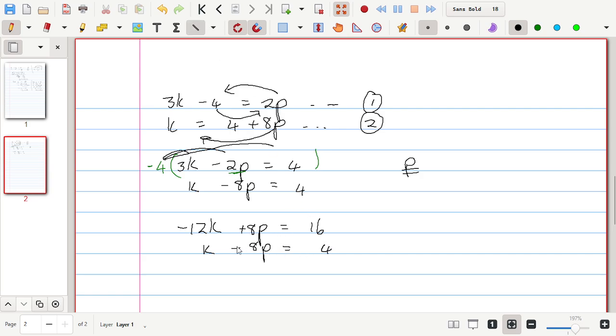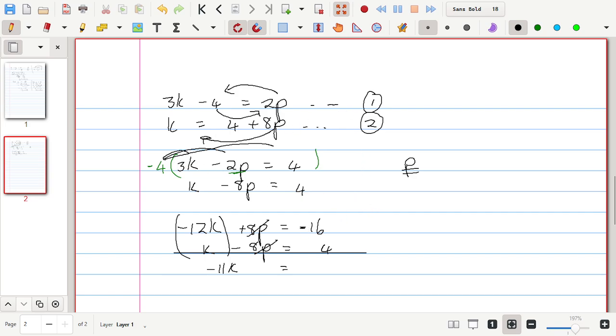When we have something like this, you will notice that the 8p's will cancel out. So positive 8p minus 8p cancels out. I need to add this. Minus 12k plus k, that's going to be minus 11k, is equal to 16 plus 4. Let's see. Whoops, I made a little bit of a mistake.